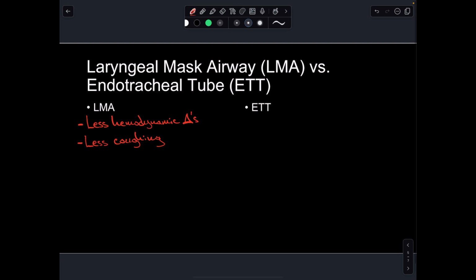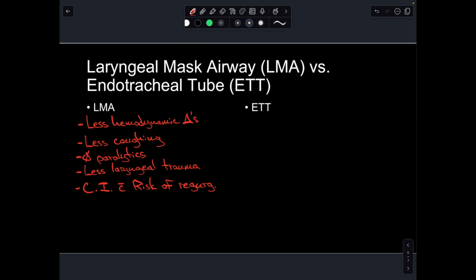You don't need to use any paralytics, and there's less laryngeal trauma. The big downside of an LMA is it's contraindicated if there's any increased risk of aspiration or regurgitation.